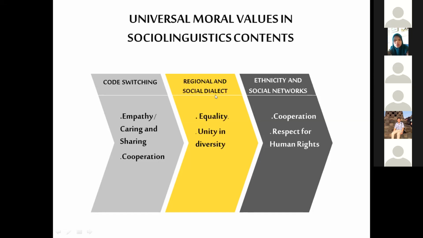And when we teach regional and social dialect, we can integrate values such as equality, equity, and unity in diversity. And in ethnicity and social networks, there are values such as respect for human rights and cooperation.